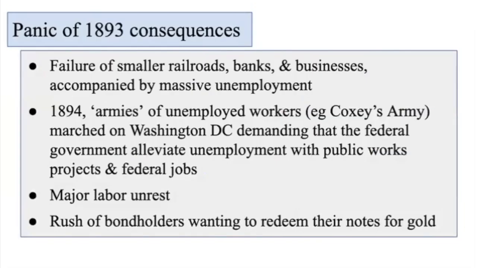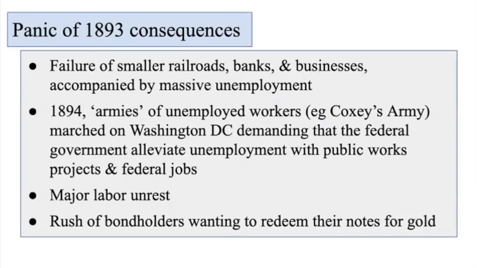Some of the consequences of the Panic of 1893 you've already heard about. But to summarize them here, it was a failure of smaller railroads, banks, and businesses accompanied by massive unemployment. In 1894, so-called armies of unemployed workers, and I won't talk specifically about Coxey's army, but you can read about it in YAWP and other places.